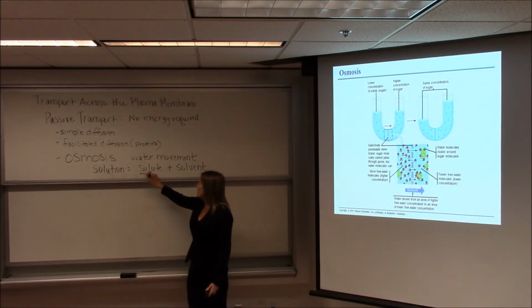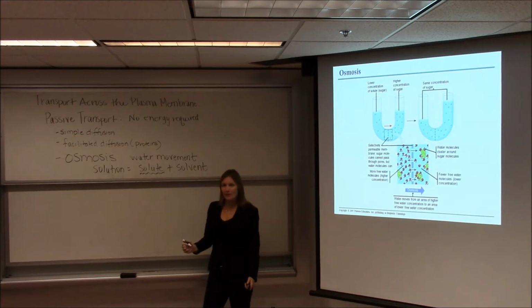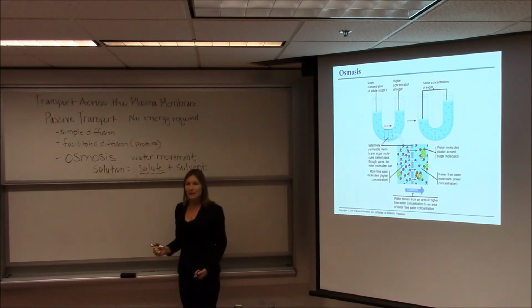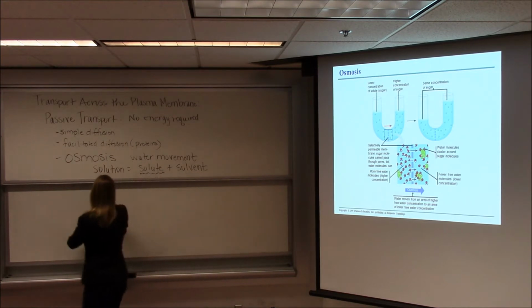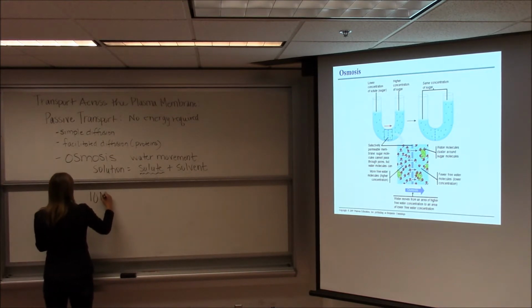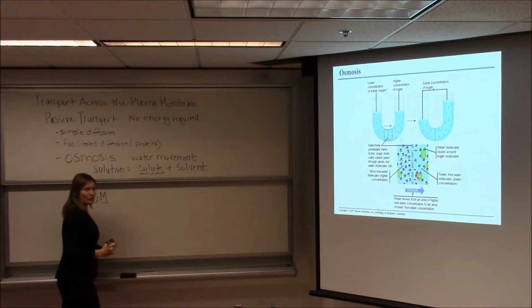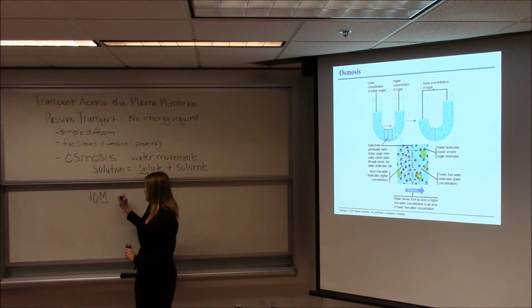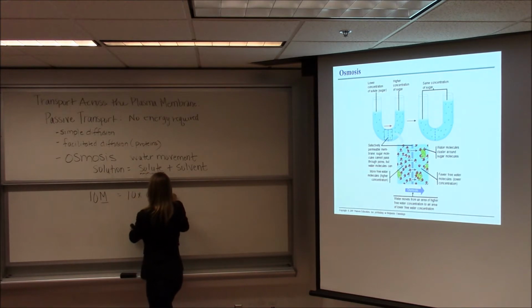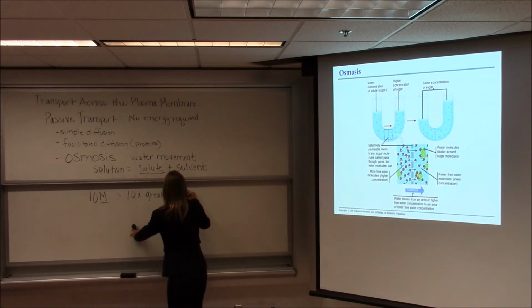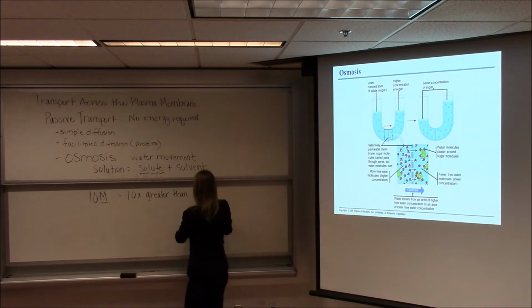Solute concentration is going to be very important in this story, and remember, we express that using molarity. So if something is a 10 molar concentration, that's 10 times greater than a 1 molar concentration.